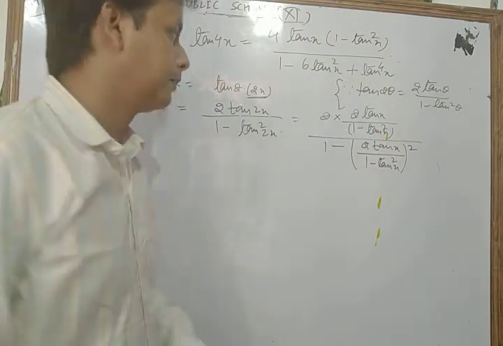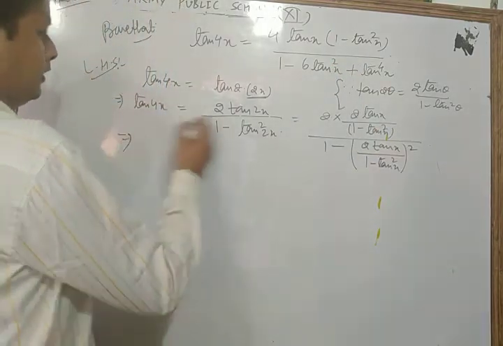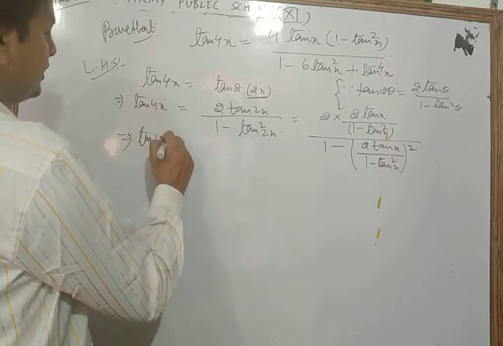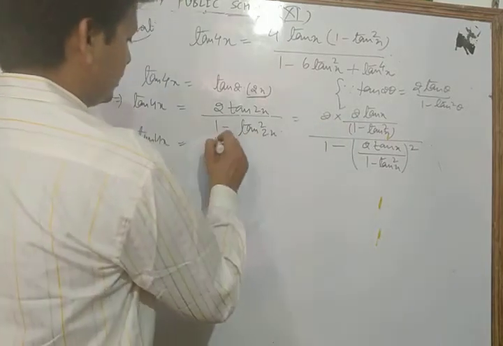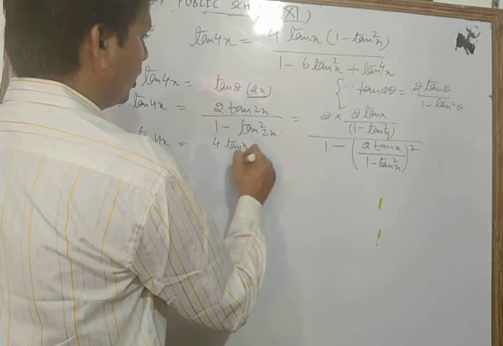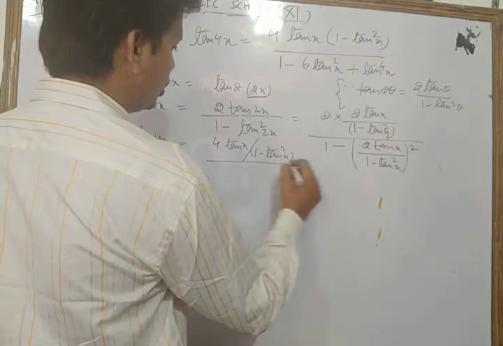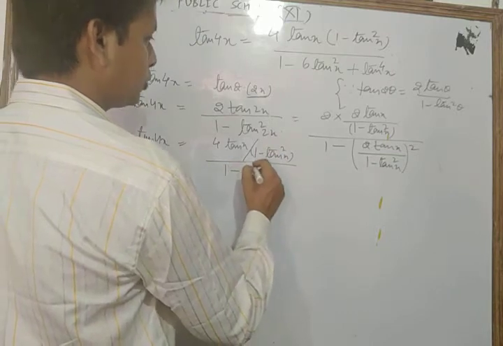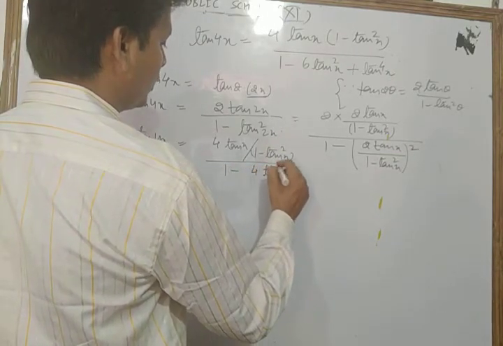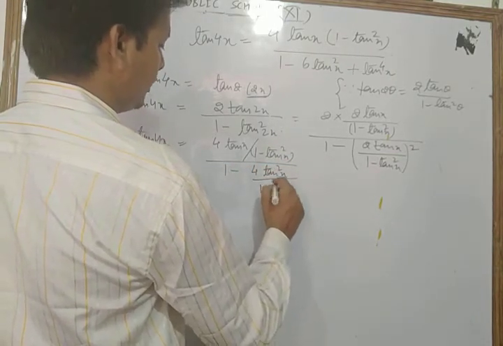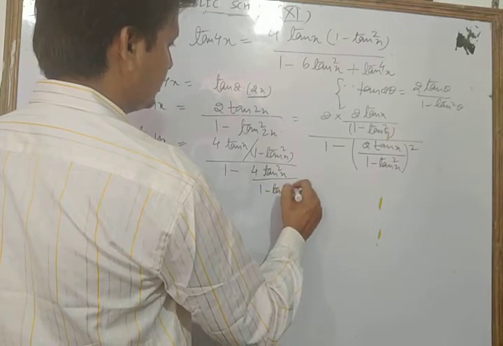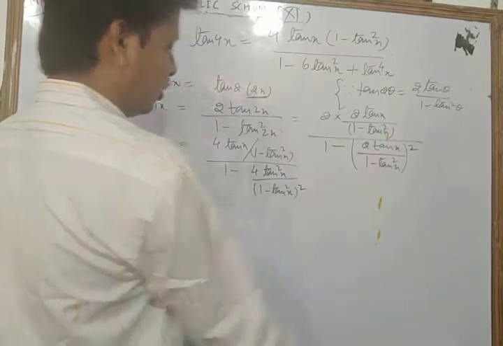Okay, let's see. That is tan 4x, here we get 4 tan x upon 1 minus tan square x. Okay, in the denominator we have 1 minus 2 to the 4, tan square x upon 1 minus tan square x, the whole square.